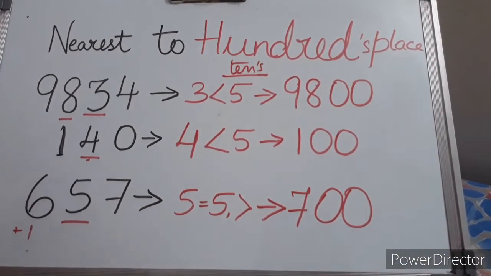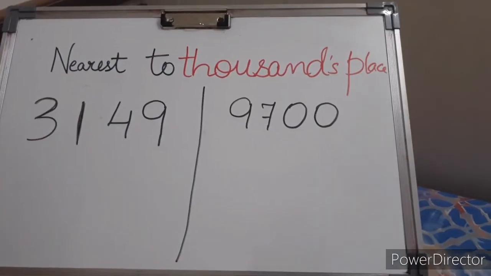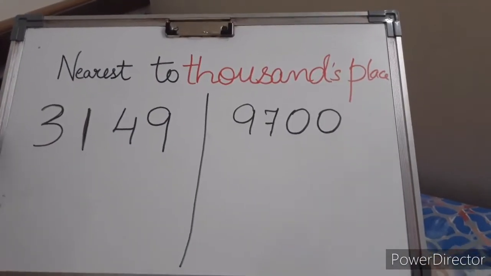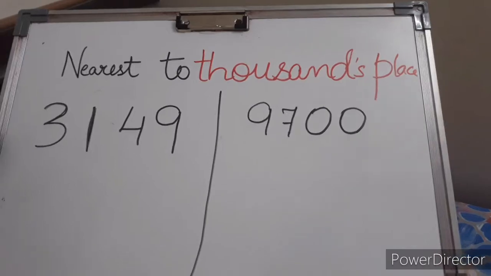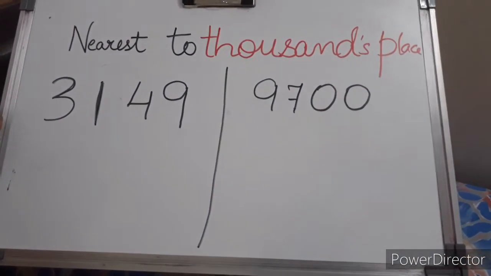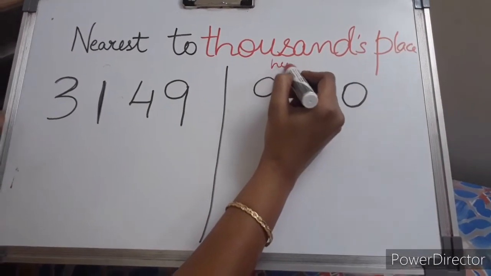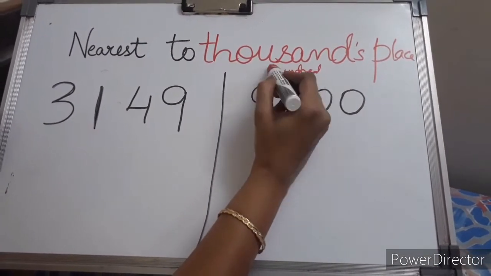Okay, so next comes nearest to thousands place. Now the question arises, how to round off to thousands place? Rounding off to thousands place means again what do we examine? We have to examine the 100 place value digit.